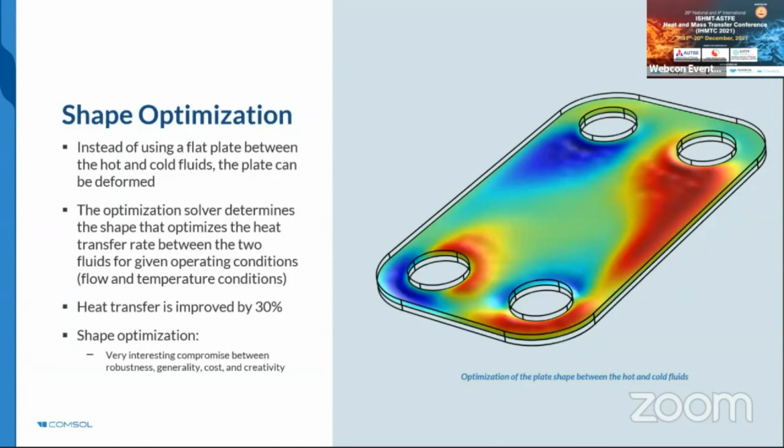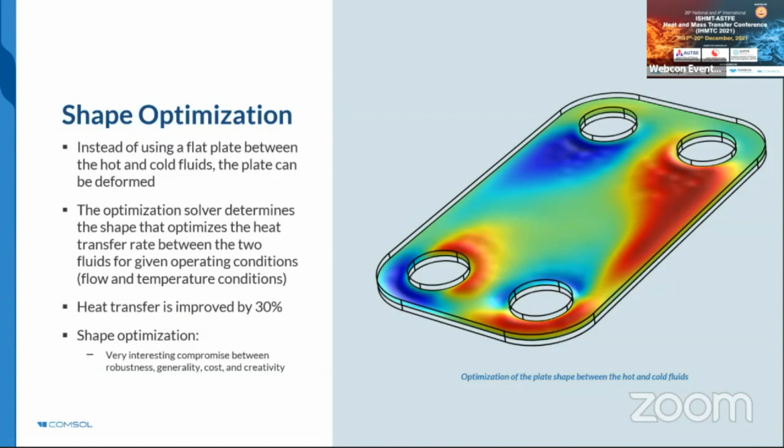Another option is to use shape optimization. In this case, you don't have a set of scalar variables, but you really have fields of variables for the shape of your geometry. And here we have a plate heat exchanger. So we have a cold and hot fluid flowing on each side of a plate.